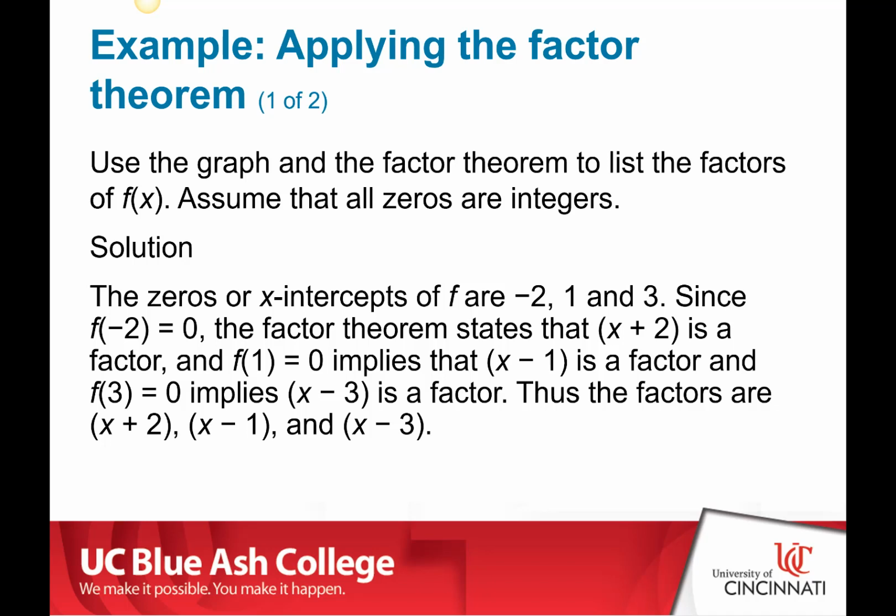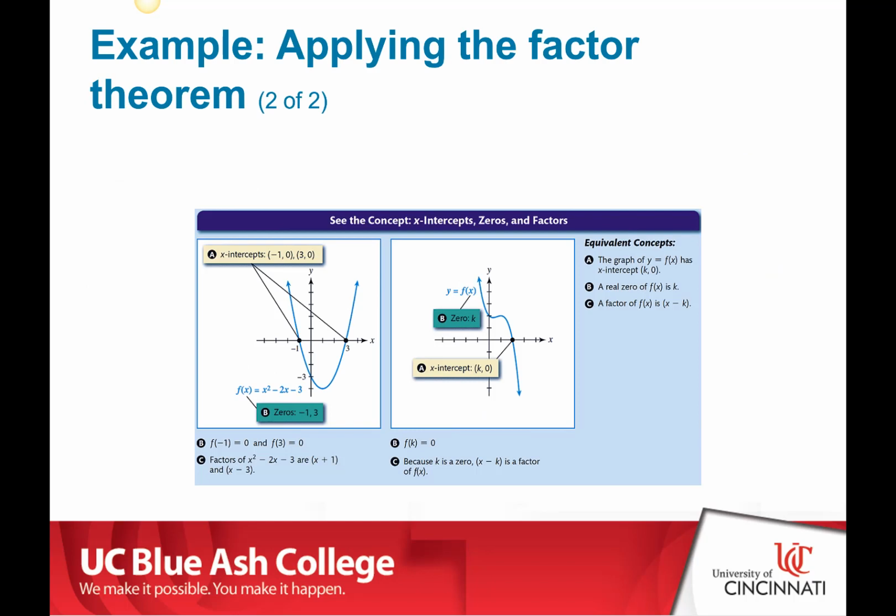So let's see. Use the graph in the factor theorem. I'm not sure where the graph went. Here we go. Here are a couple of graphs that we can take a look at. On the graph to the left, you're given the function x squared minus 2x plus 3. There's that function. And then you're asked to identify what the factors would be.